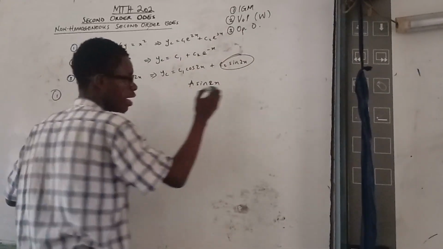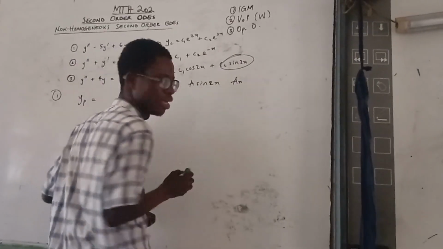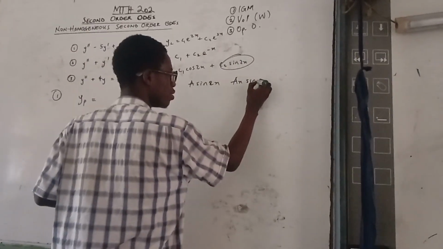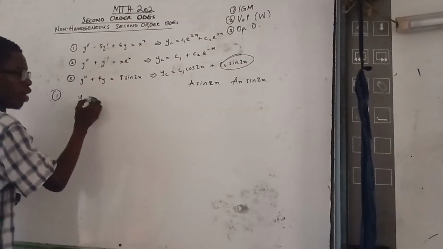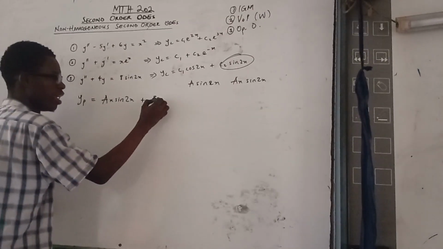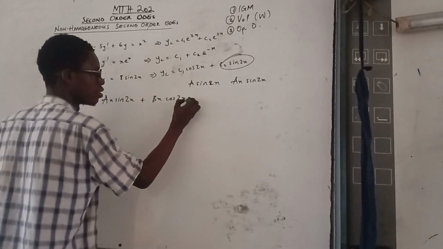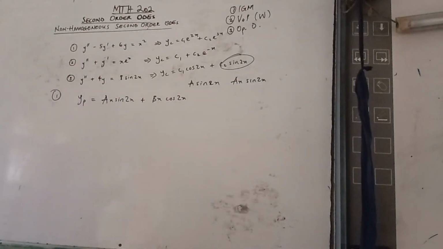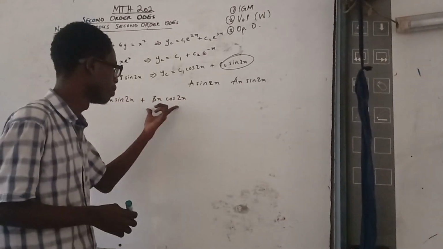So you are going to have ax sin 2x. So our yp is ax sin 2x plus bx cos 2x.